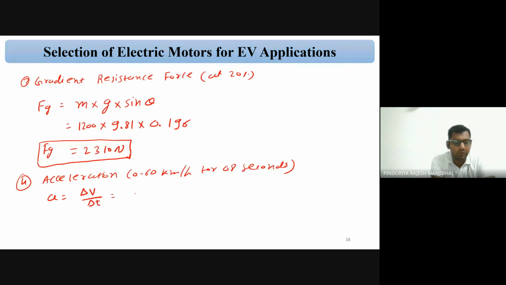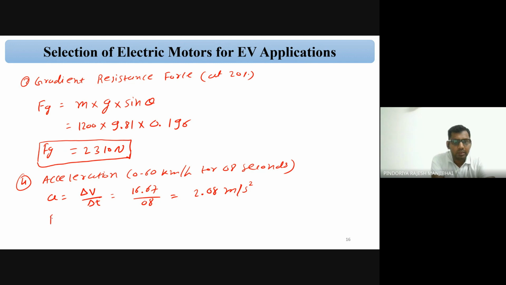Delta V is 16.67, because 60 kilometers per hour, divided by 8 seconds, which is equal to 2.08 meters per second square.